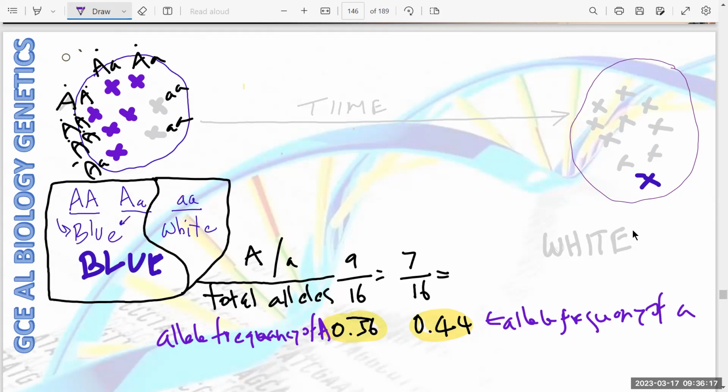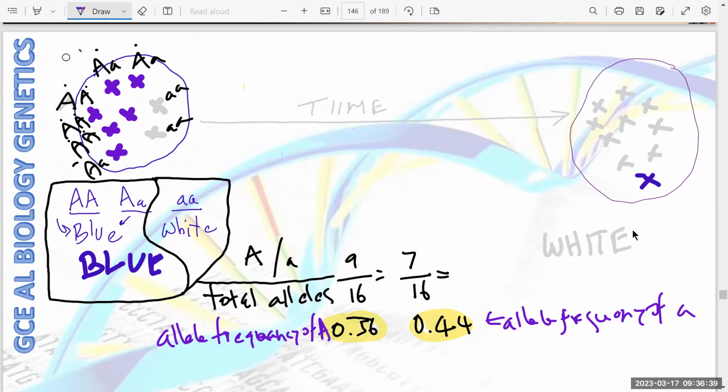Now we have a method, we can calculate allele frequency of a population for a certain phenotype. So we collect all the genotypes, and from the genotypes we can make a conclusion. This is the allele frequency for capital A. This is the allele frequency for small a.